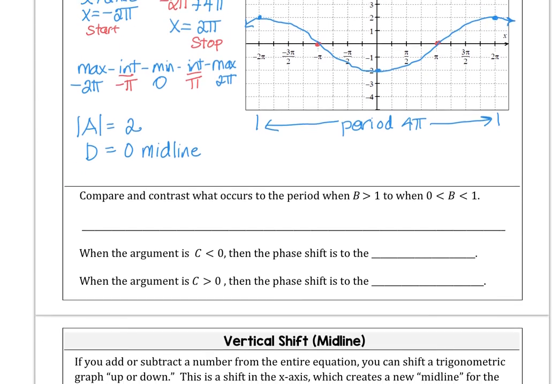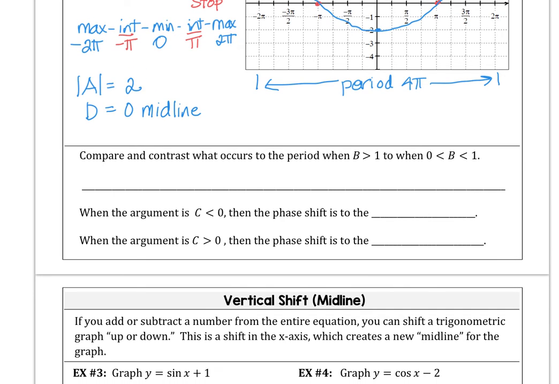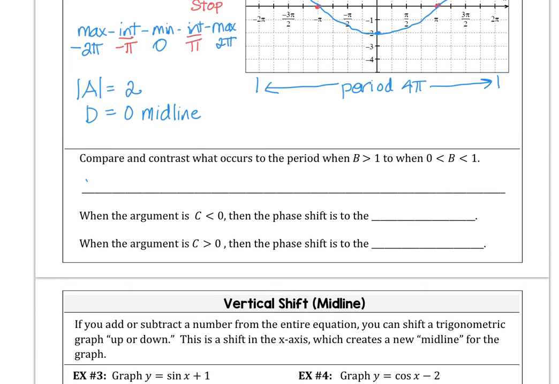Now, at the bottom of our notes, they want us to compare and contrast what occurred to the period when b was greater than 1 and what occurred to the period when b was in between 0 and 1. Can you put that into words? If B is greater than 1, you have a horizontal compression. So that shrinks the graph closer to the y-axis.